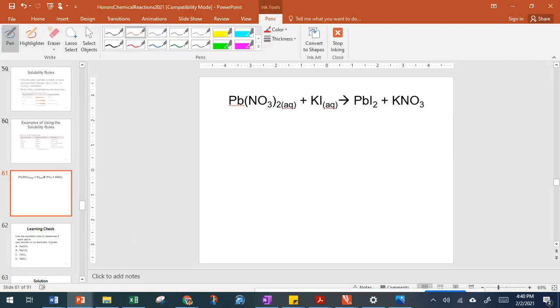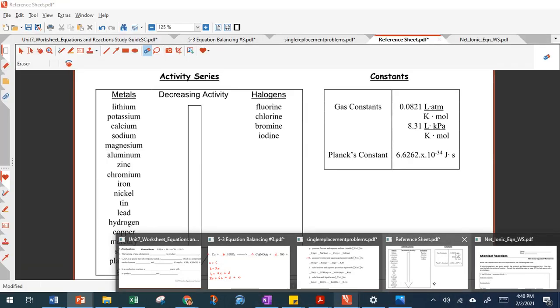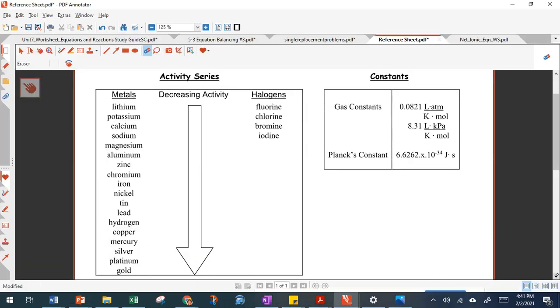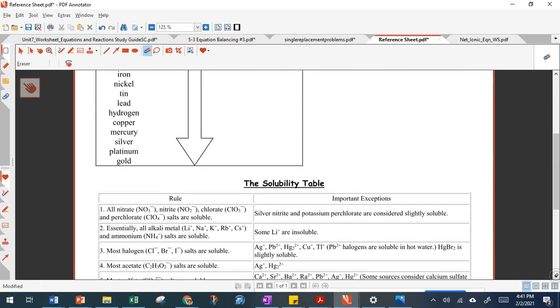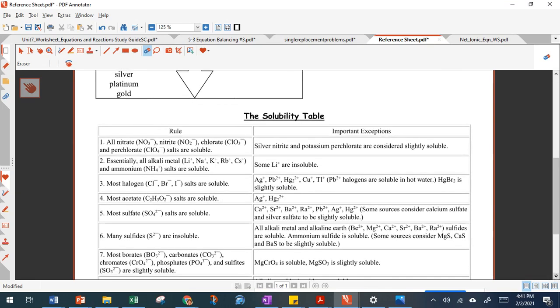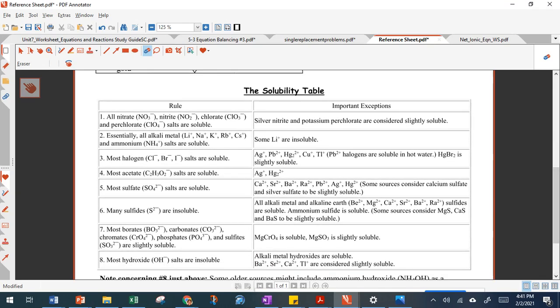Your solubility table is the reference sheet you were using last class for the single replacement reactions. So let me bring this up. By doing this, I hope to begin to show you how you can use the solubility table to figure out, in this case, which of our products is a solid and which one is dissolved in water.